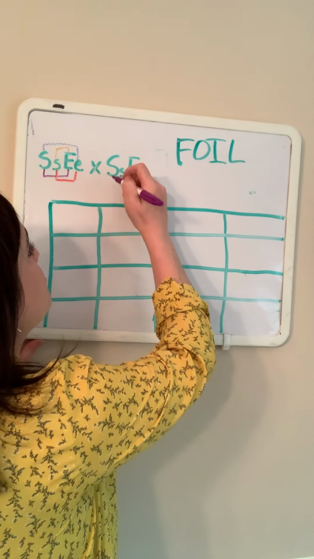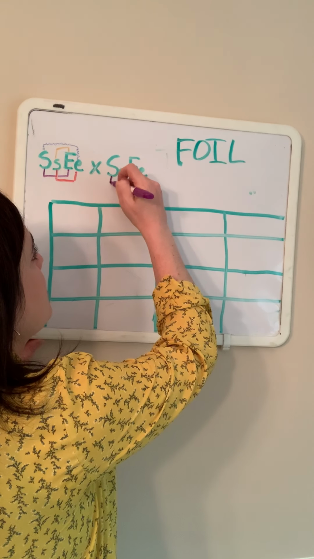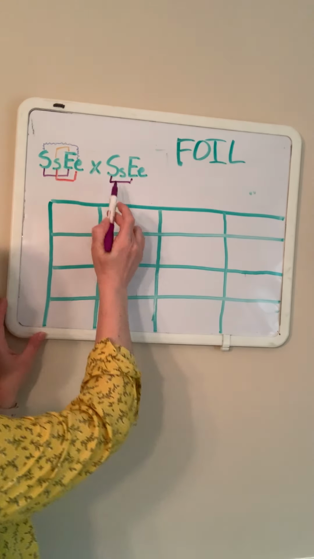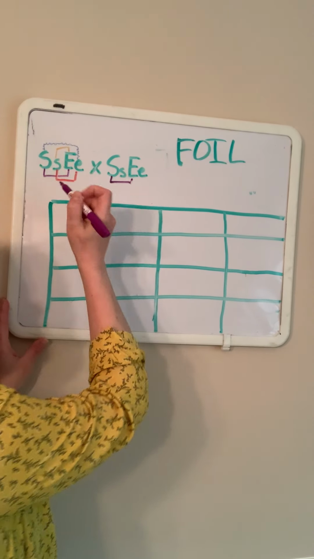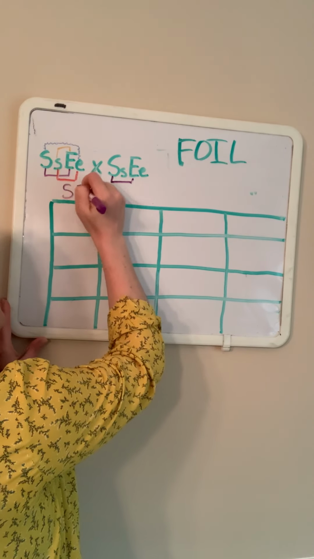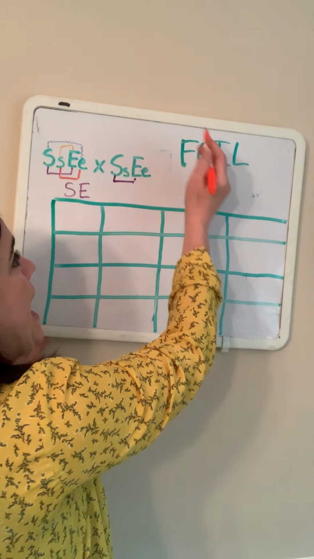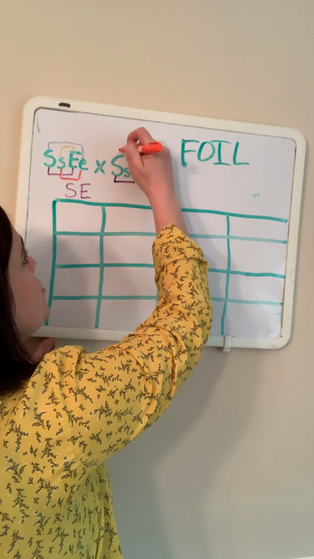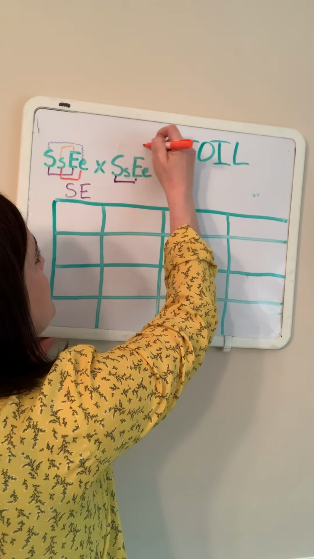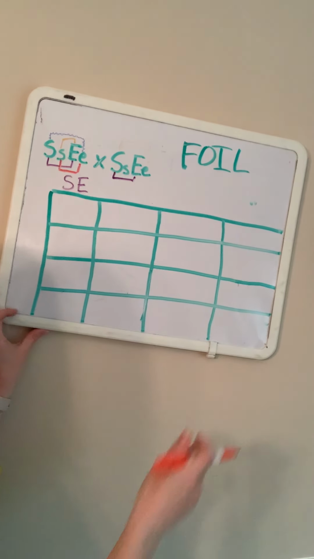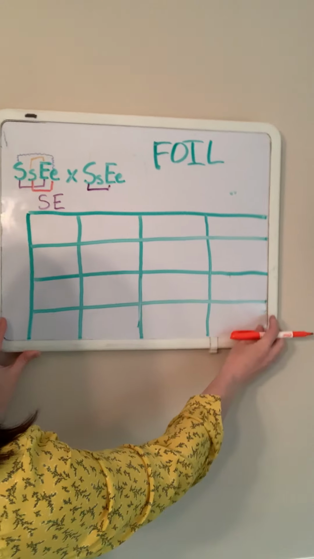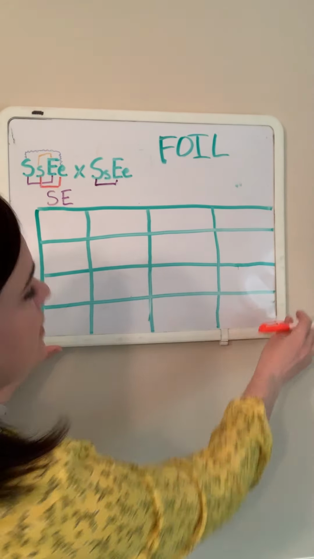FOIL means first. So you take the first letter of each of the traits. That would be big S, big E. I'm gonna switch colors. Then you do outer. The O stands for outer. So that would be capital S, lowercase e.